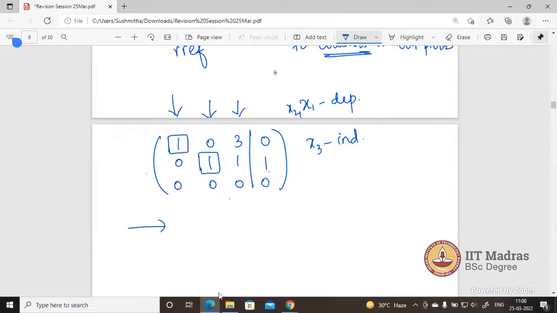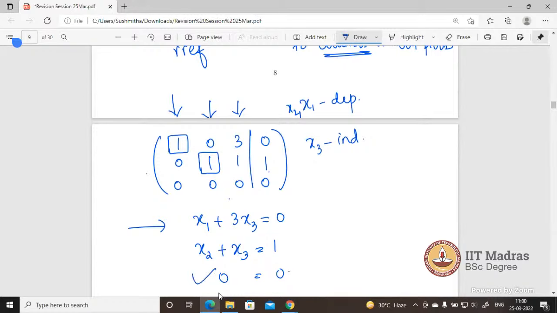So now what is this system? x1 plus 3x3 is equal to 0. x2 plus x3 is equal to 1. 0 is equal to 0, that is, 0x1 plus 0x2 plus 0x3 is equal to 0. So this is not going to give me any information.